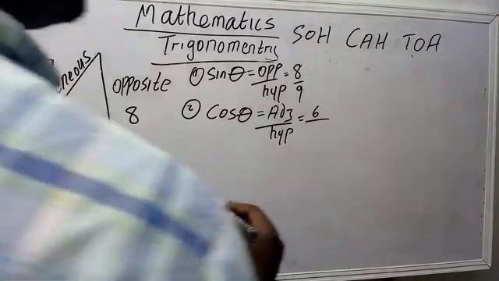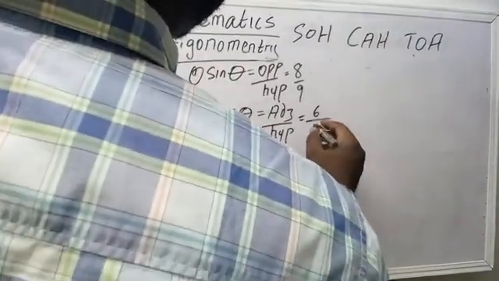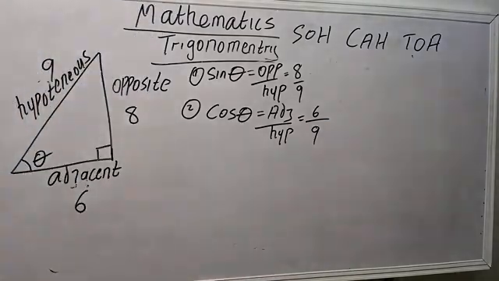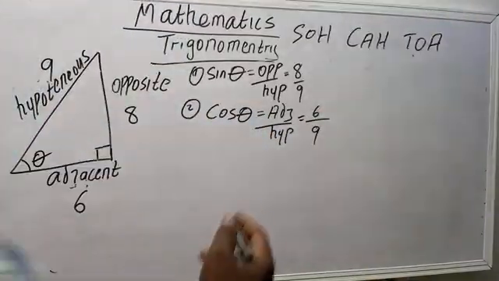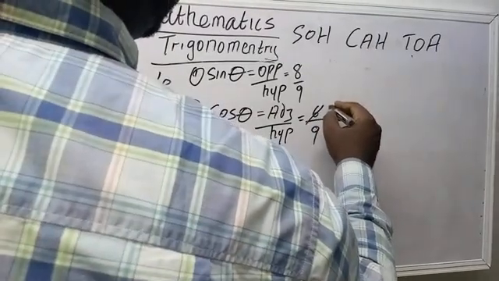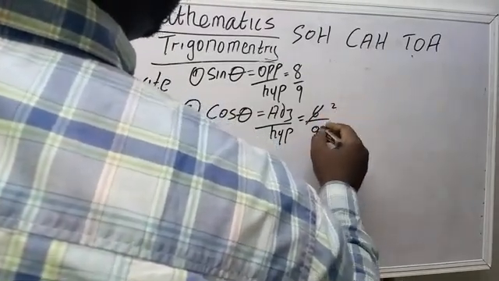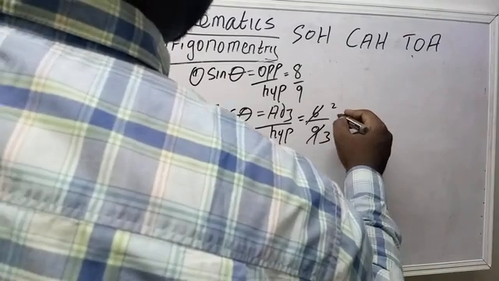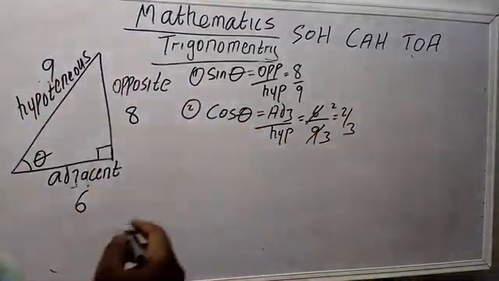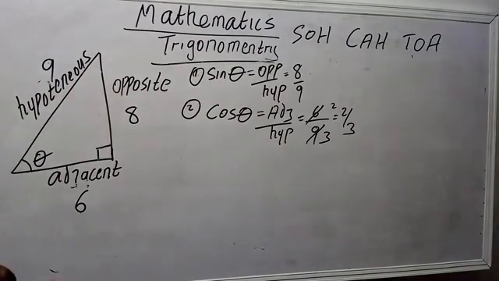And your hypotenuse is 9. You can leave it like that, or you can divide further by saying 2 goes here, 3 goes here, 2, 3 goes here, 3. Your answer can be what? 2 over 3.